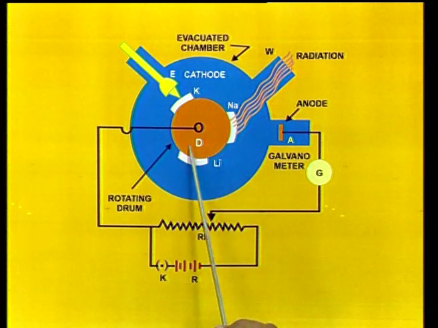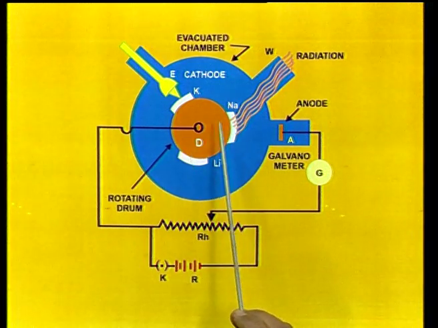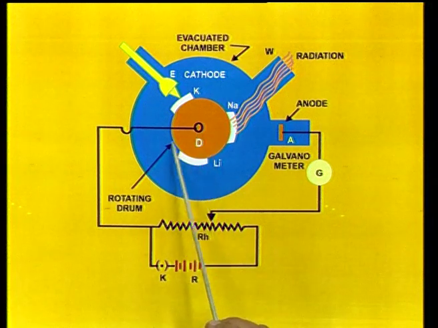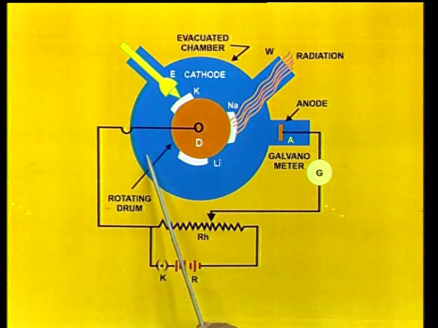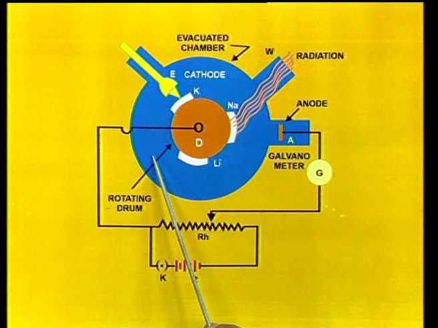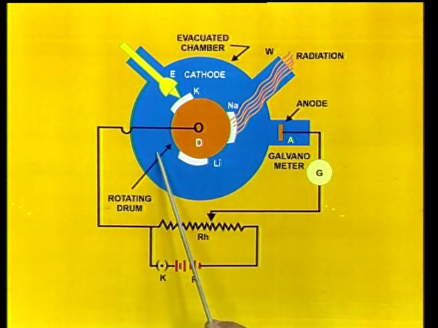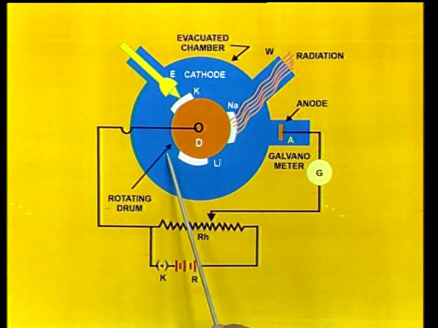So, this is an excellent arrangement for verifying Einstein's photoelectric theory, and immediately he found the value of Planck's constant h. So, at one stroke in this experiment, Millikan proved Einstein's theory, and Planck's constant also came out of it.